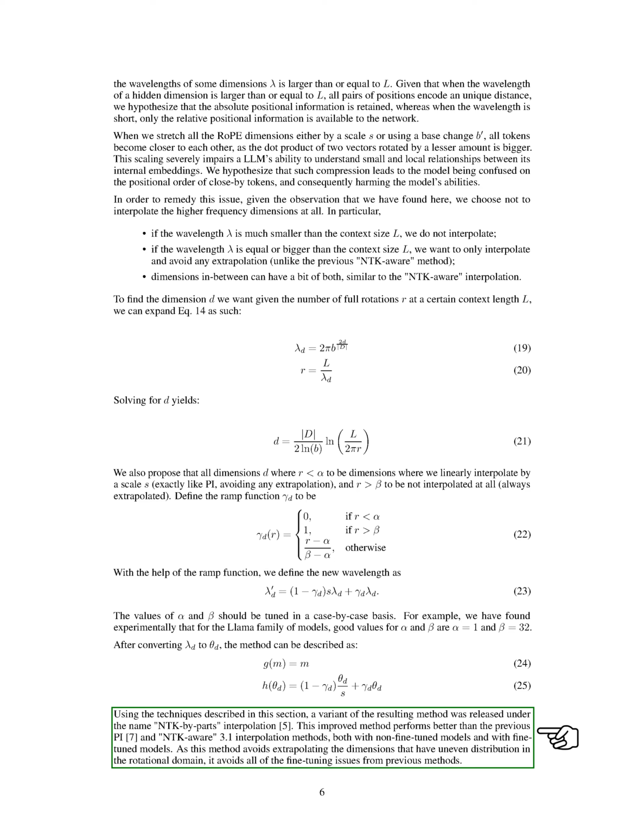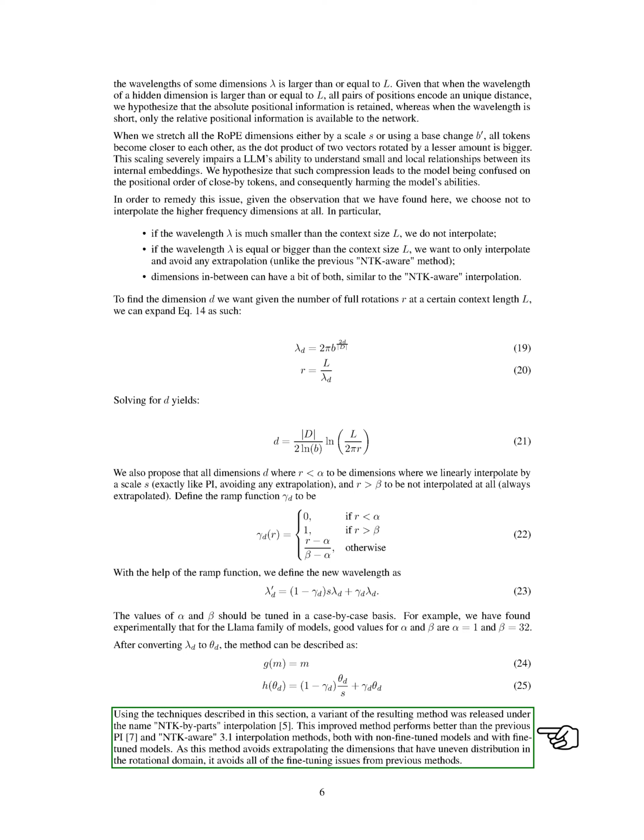Using the techniques described in this section, we've developed a variant of the method called NTK-by-parts interpolation. This improved method outperforms the previous PI and NTK-aware interpolation methods, both with non-fine-tuned models and with fine-tuned models. As this method avoids extrapolating the dimensions that have uneven distribution in the rotational domain, it avoids all of the fine-tuning issues from previous methods.